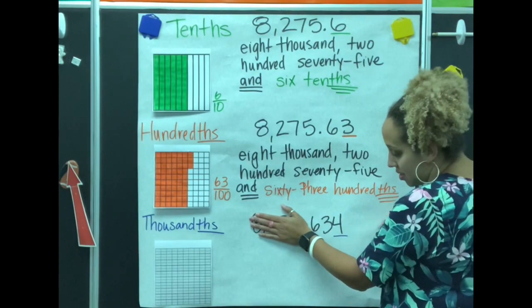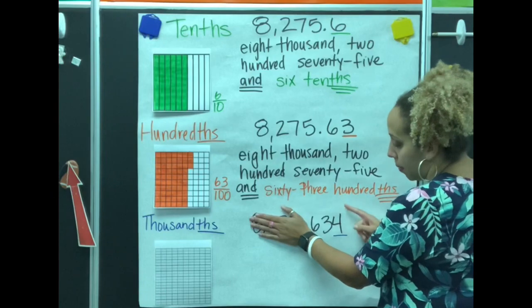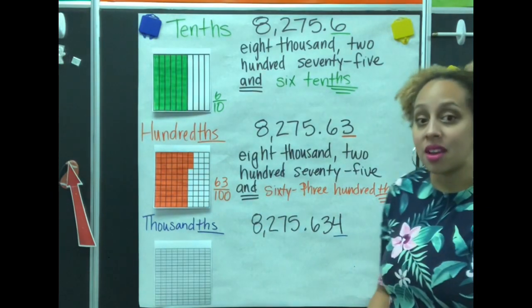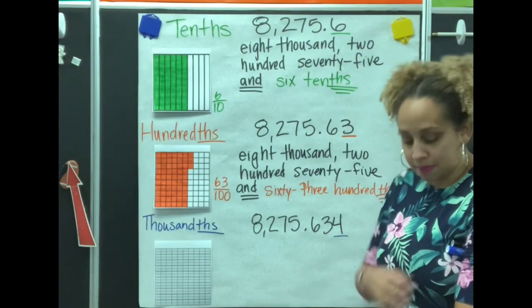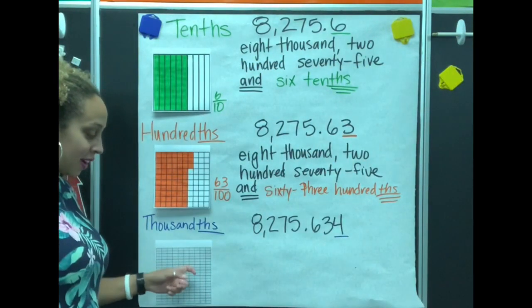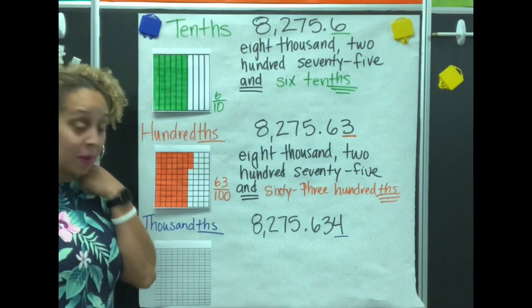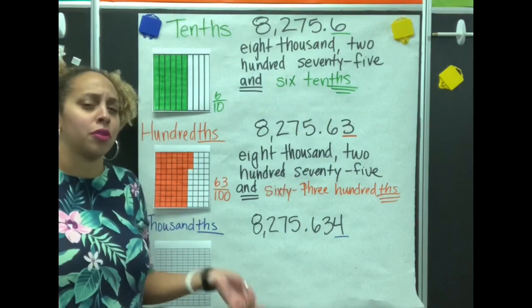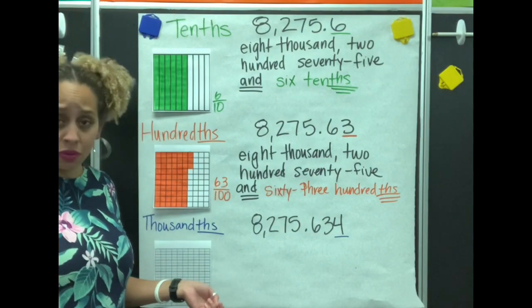How would you read this? 634. But because it's behind the decimal, we have to recognize where it ends, which is in the thousandths place. So how many pieces am I going to color on here? I'm going to color 634. Am I going to count 634 times? Absolutely not.